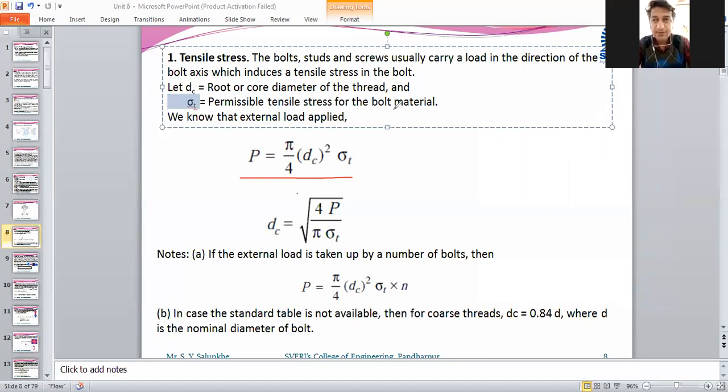Simple question. Why is the core diameter considered? Why not the mean diameter, or why not the major diameter or the external diameter of that thread, for calculating the stress or load carrying capacity of that particular fastener? Anybody of you?